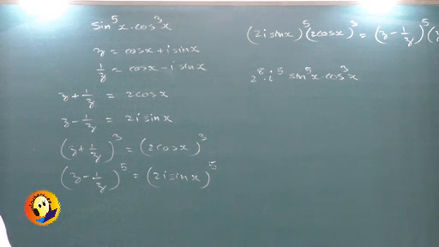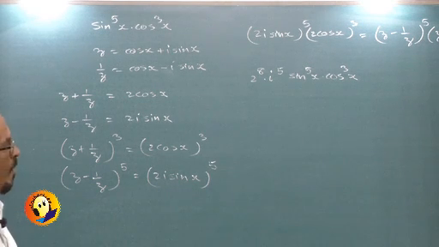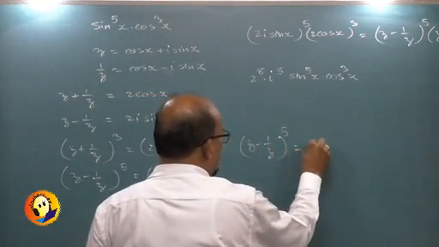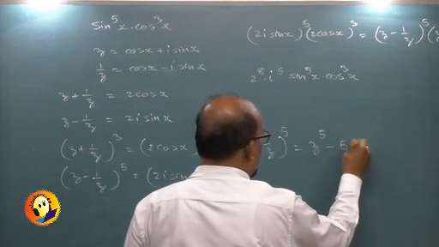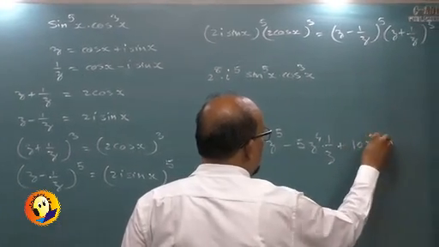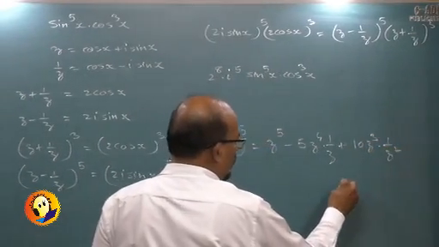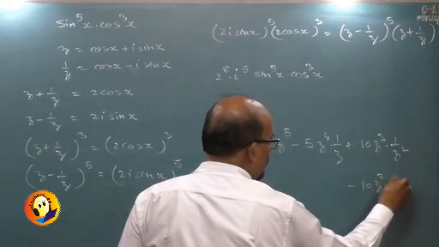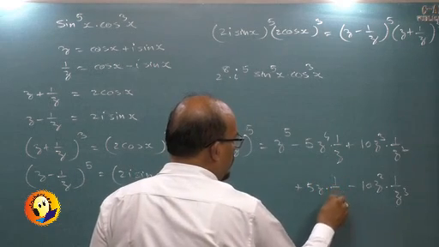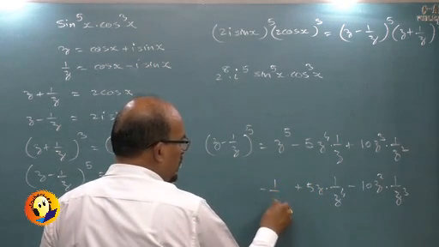Z minus 1 upon z bracket raised to 5 will be z raised to 5 minus 5 z raised to 4 into 1 upon z plus 10 z cube into 1 upon z square minus 10 z square into 1 upon z cube plus 5 z into 1 upon z raised to 4 minus 1 upon z raised to 5.